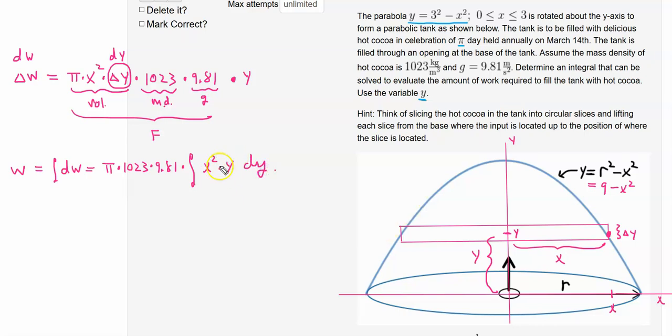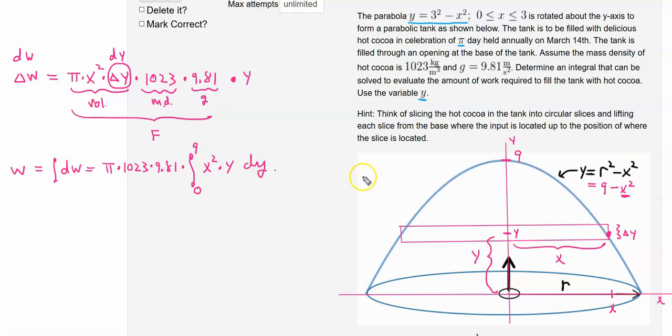Now, what does the y vary from? Well, these slices here can go from 0 all the way up to the very top of the tank. Now the top of that tank is going to be at position 9, right? Because if I put 0 in here for x, I get 9 for y. So this is going to go from 0 to 9.